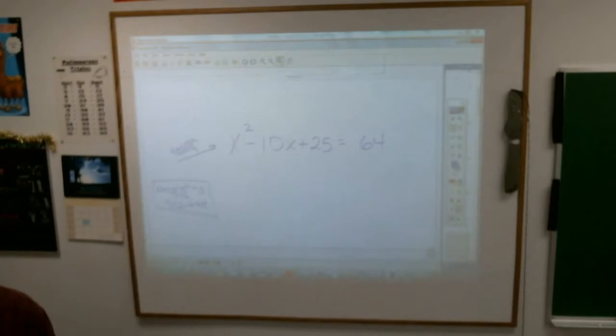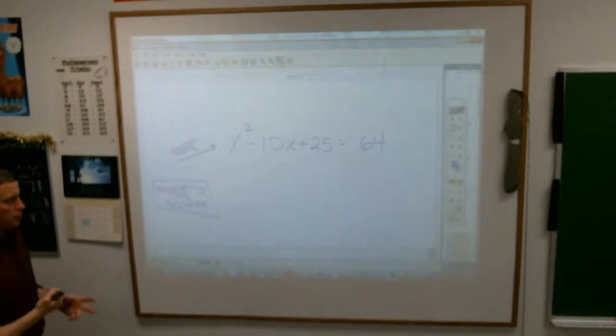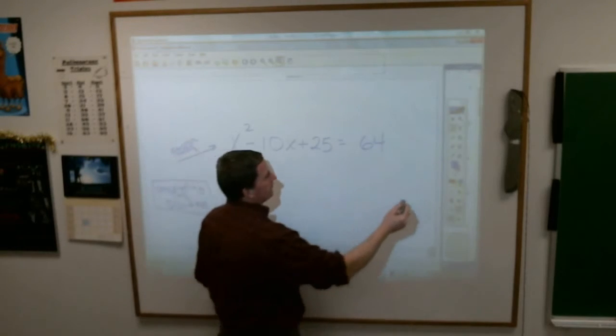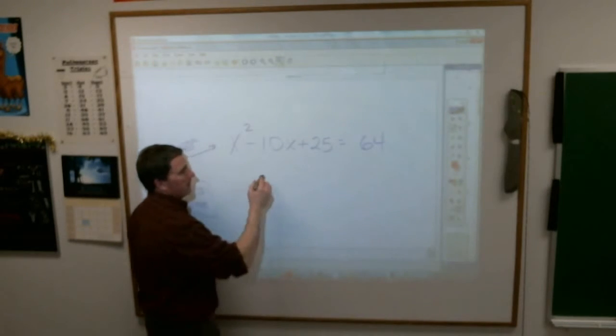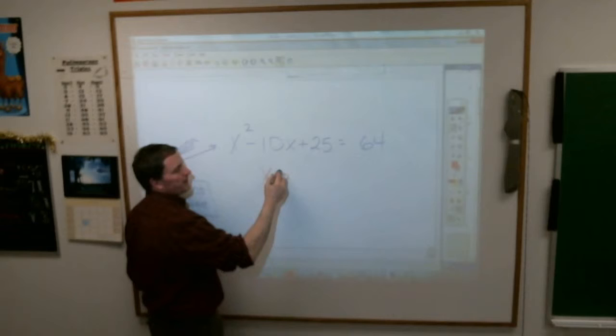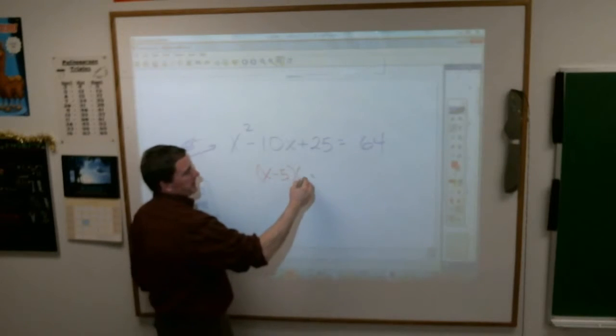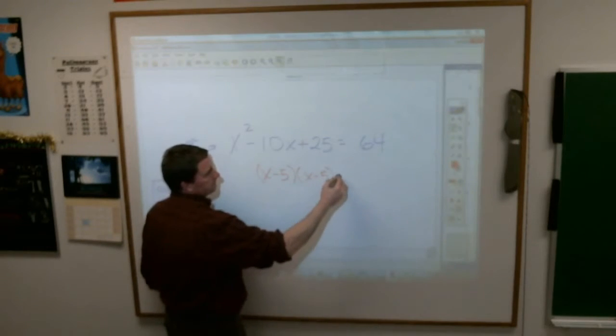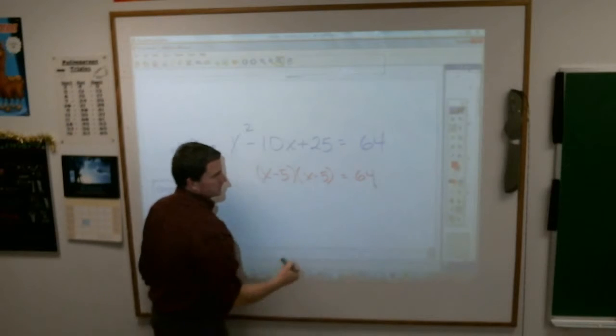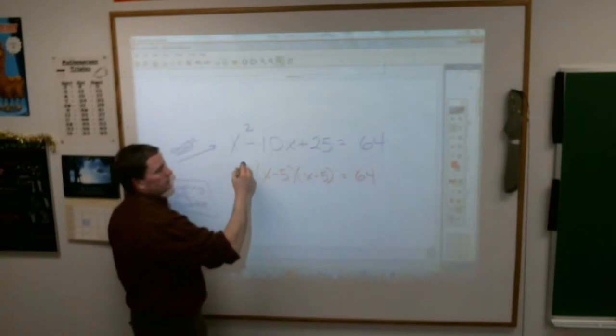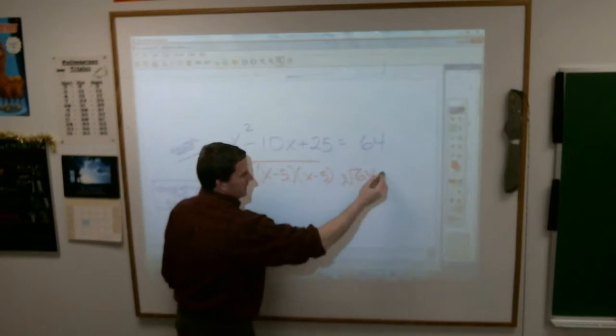Don't you worry, if you get this, you won't in a minute. So we ended up with, let's hope you factored this, x minus 5 times x minus 5. You took the square root of both sides.